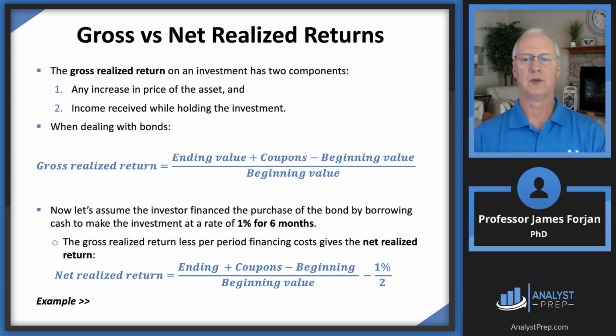So let's suppose that we're paying 1% over 6 months, and so all we're going to do to get the net realized return is do the same thing that we did up above, but then subtract out the cost of financing. And so we'll divide that by 2, since that 1% is an annual rate.